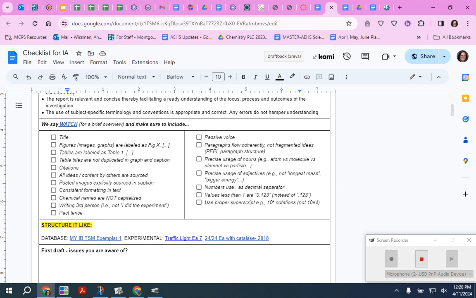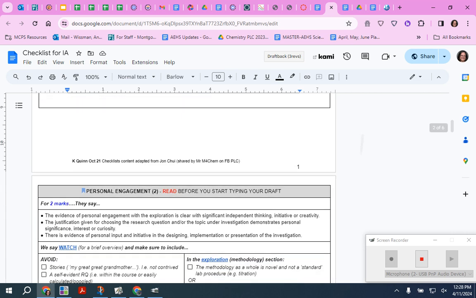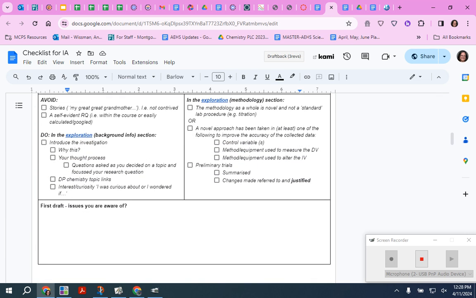Obviously, you're not going to be able to check every single one of these boxes, right? But use this as a reminder to include things. But don't use this as a substitute for also looking over the rubric, so you can see the language that it's in.